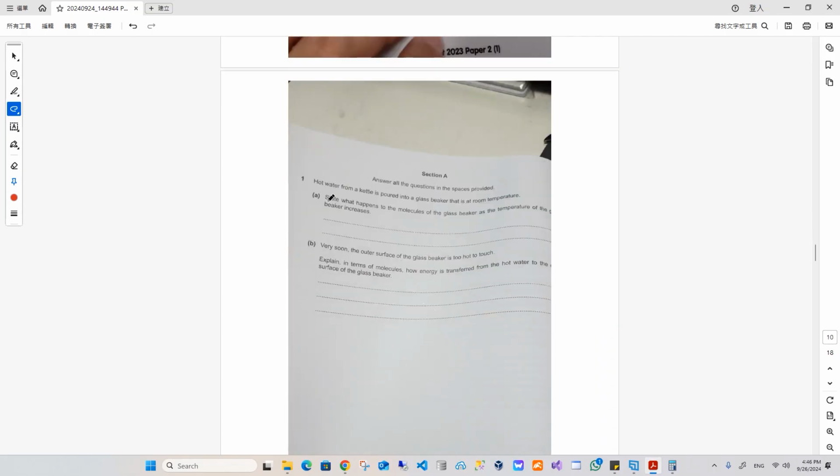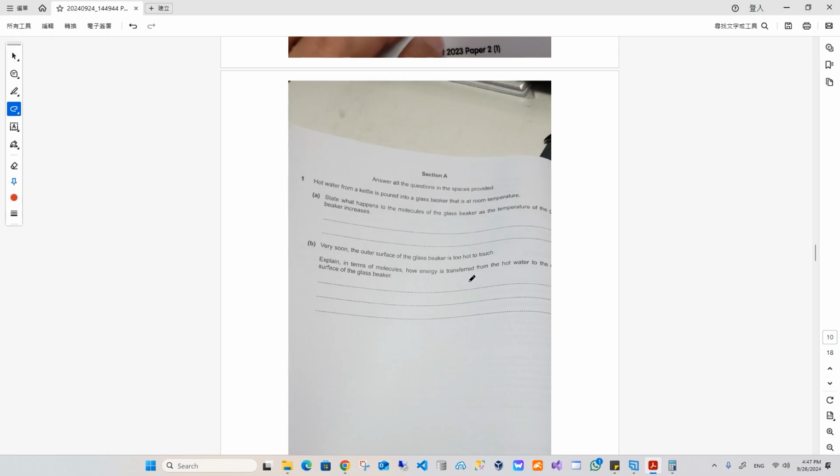Second part, carry on. Hot water from the kettle is poured into the glass beaker at room temperature. State what happens to the molecules of the glass beaker as the temperature of the beaker increases. It's a keyword.